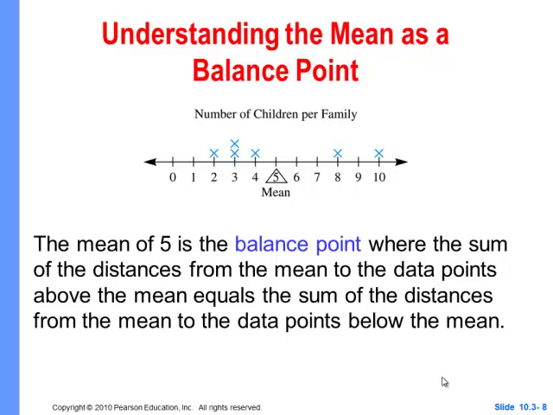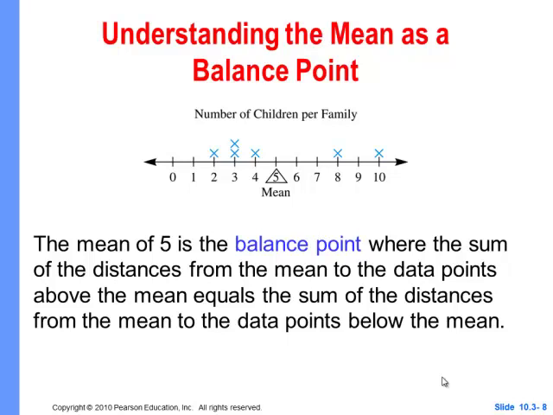Not the sum of the numbers, but the sum of how far these numbers are away from the mean. It's not like we're adding 2, 3, 4 together and trying to get that to add up to 18. What we're saying is this one's a distance 1 away from the mean. These two are a distance 2 away from the mean. And this here is a distance of 3 away from the mean. This is a distance of 5 away from the mean. This is a distance of 3 away from the mean. So it's about balancing how far you are away from the mean.